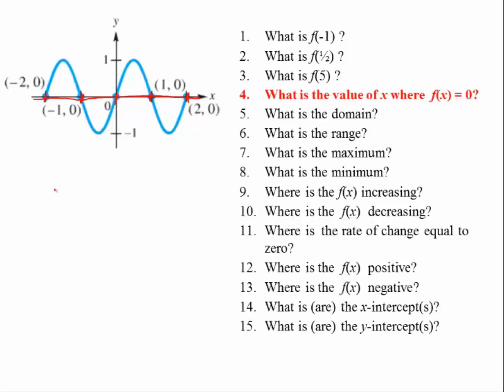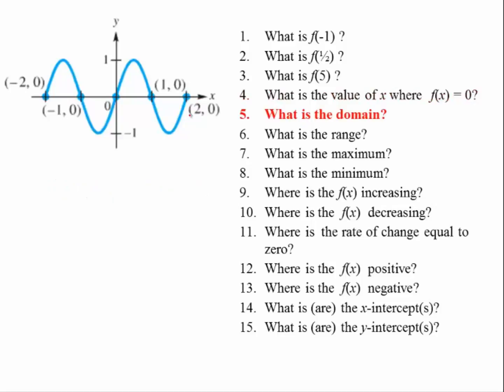So there are actually 5 values of x when f of x is 0: when x equals negative 2, negative 1, 0, positive 1, and also positive 2.